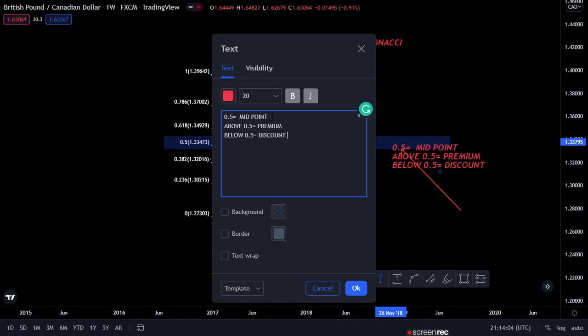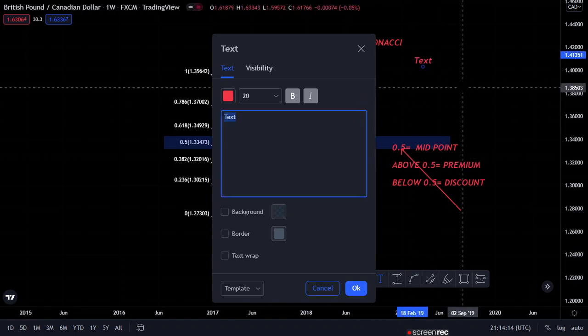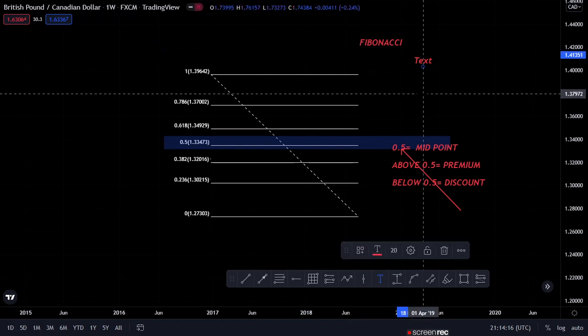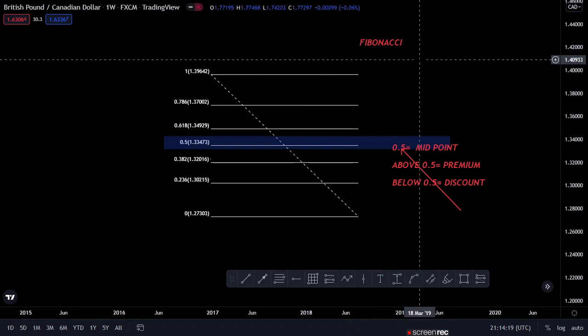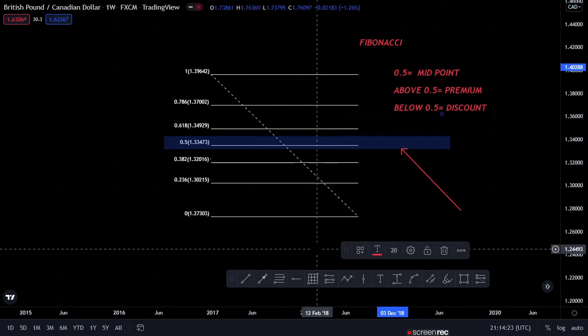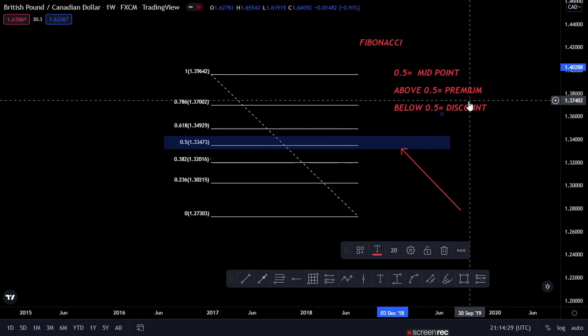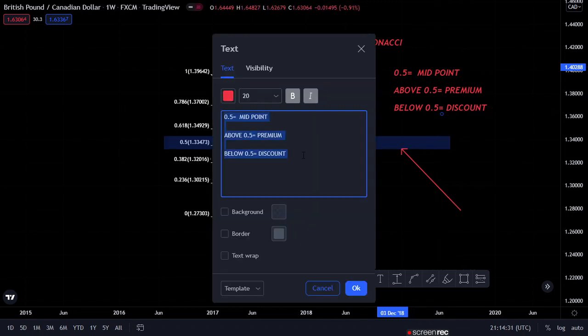So whenever you hear people say premium discount arrays, it is this thing they are talking about. The Fibonacci numbers. Good. So these are the things we have to note down. 0.5 is the midpoint. Above 0.5 is premium. Below 0.5 is discount.